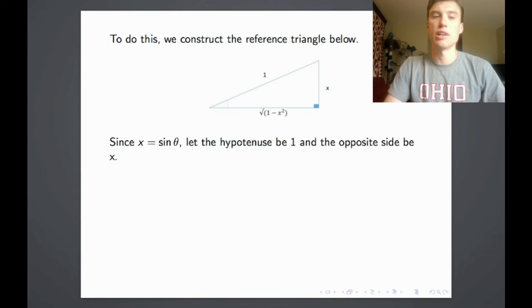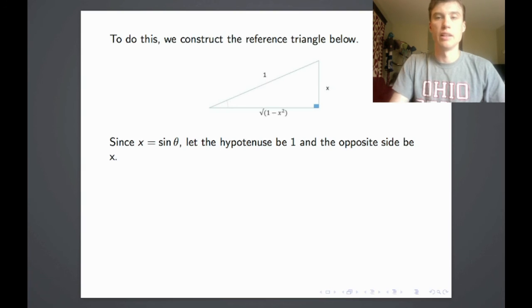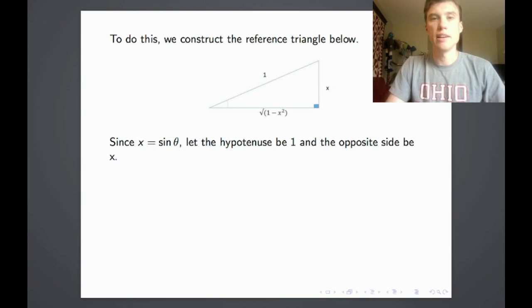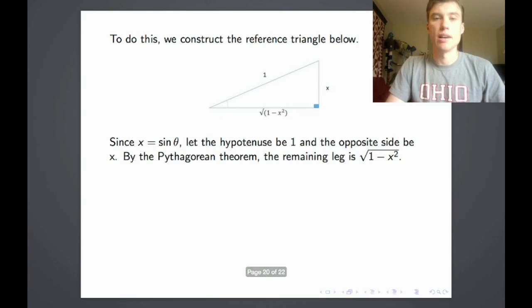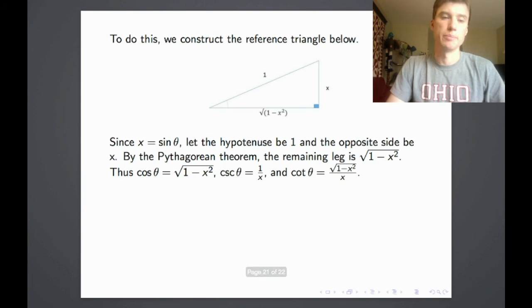So if we construct a right triangle, and we let this angle here be theta, then the opposite edge is x, and the hypotenuse is 1. Then, using the Pythagorean theorem, the adjacent leg can be found to be 1 minus x squared to the 1/2. That is the square root of 1 minus x squared.